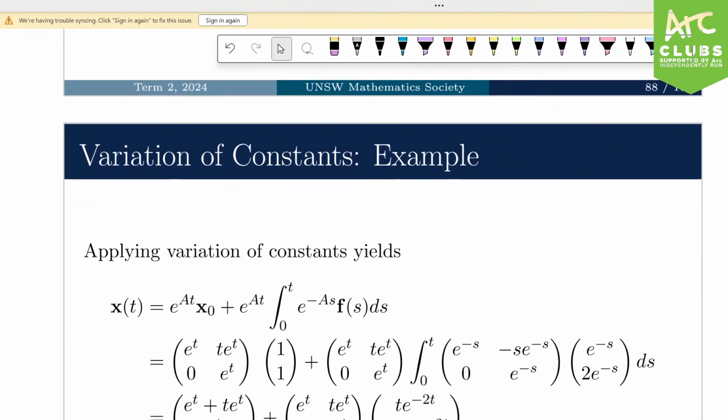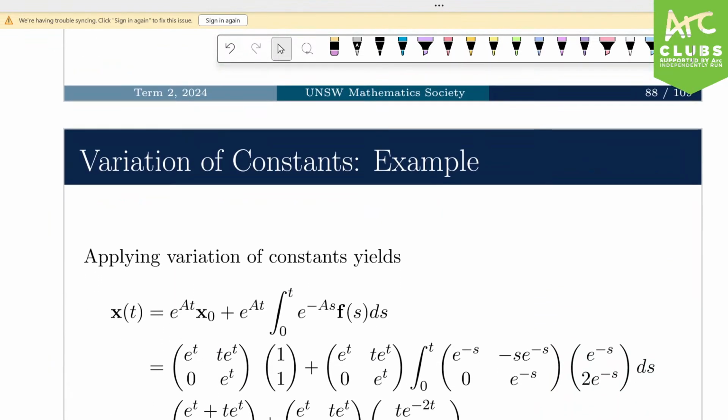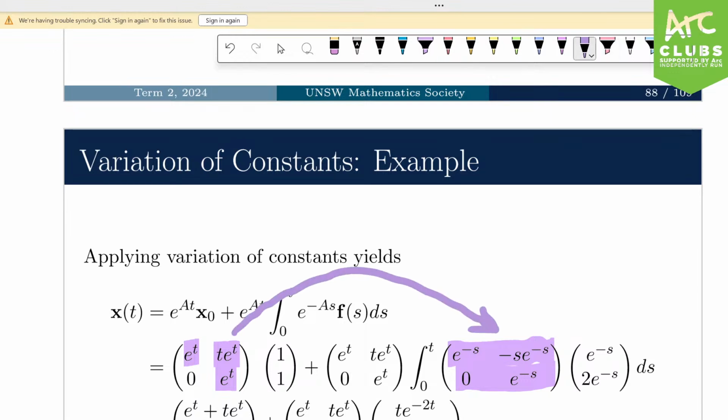I won't go through all of this because it's just a bunch of matrix multiplication, which is not very interesting. You just sub it in, e to the At, we had that, times x naught. The real important part here is that e to the minus As becomes this. We just replace the t here with a minus s, replace the t and the t here with minus s's, and we end up with this thing here.